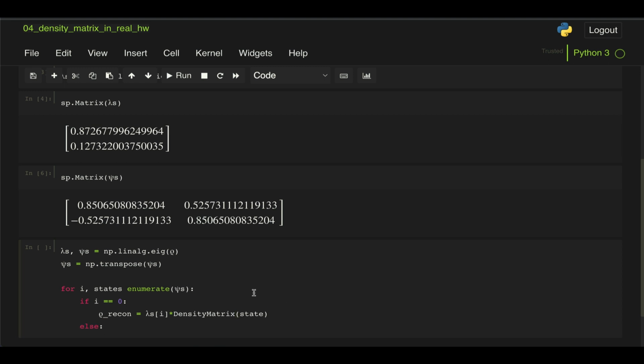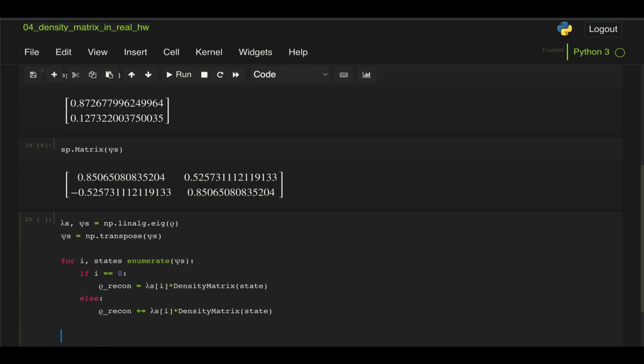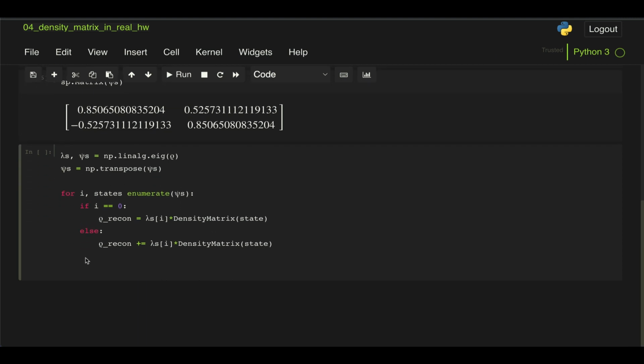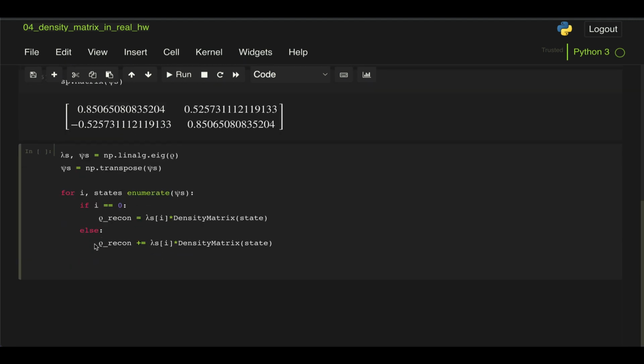And if it's not the first occurrence, what we're going to do is just add the next one to this first summand of our density matrix. So then I'm going to do plus equal and just basically the same, right? Okay, and if we reconstructed that correctly, it should match the original rho we had here above, right? So here we had this 2/3, minus 1/3, minus 1/3, 1/3. So let's just display both that original matrix and the reconstructed matrix.